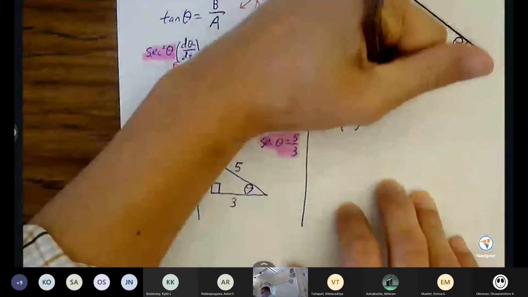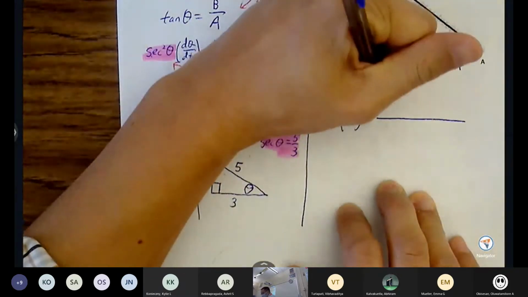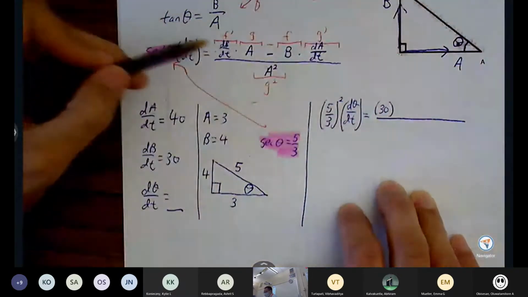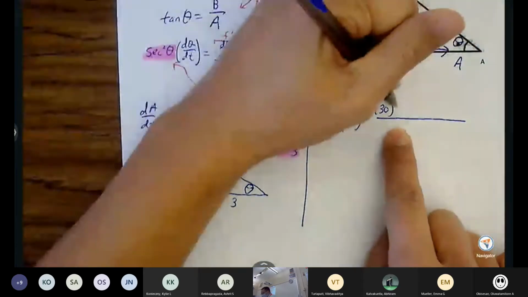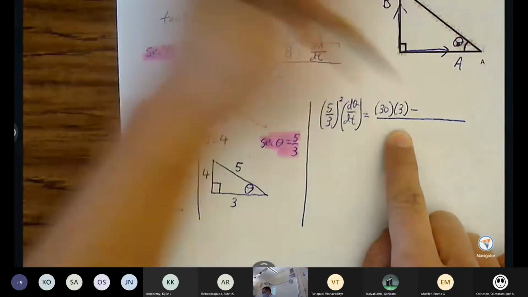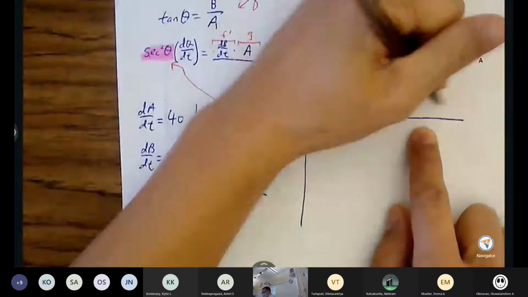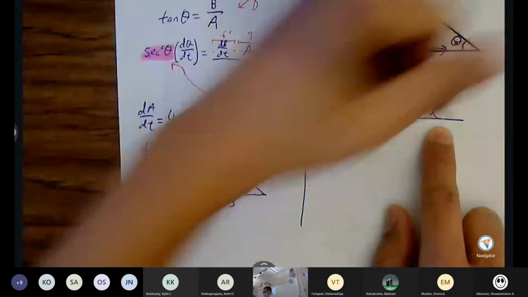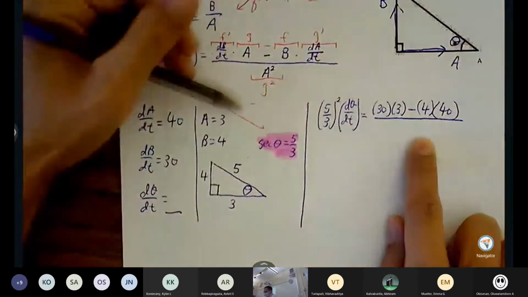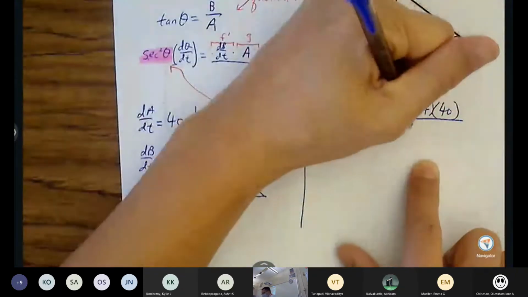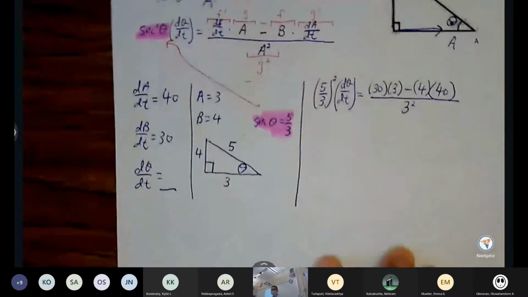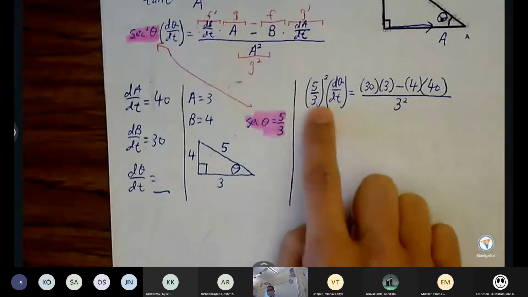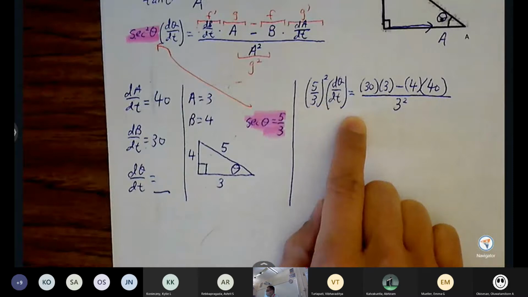Okay. dB/dt times A, minus dA/dt, all over A squared. Okay, I'm going to move that 5/3 squared over.